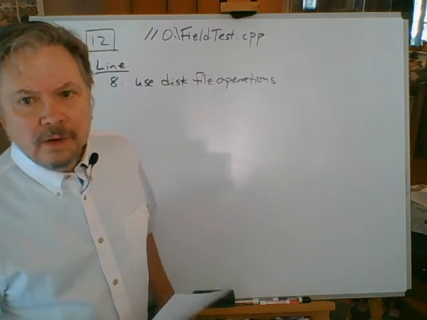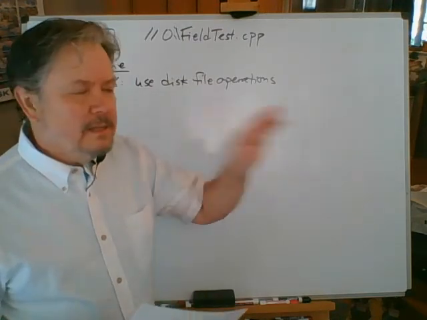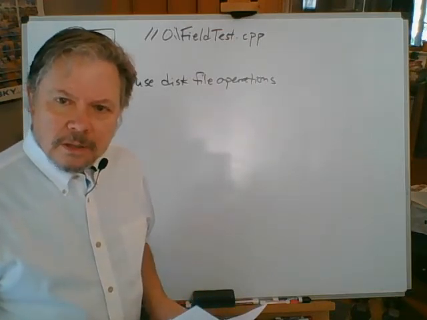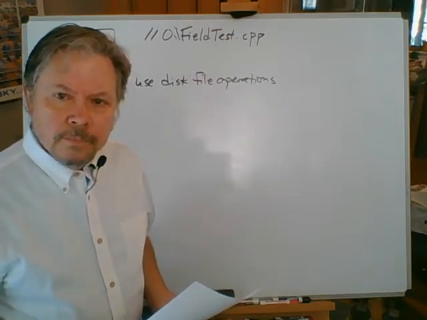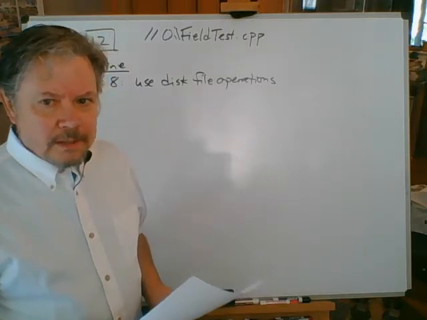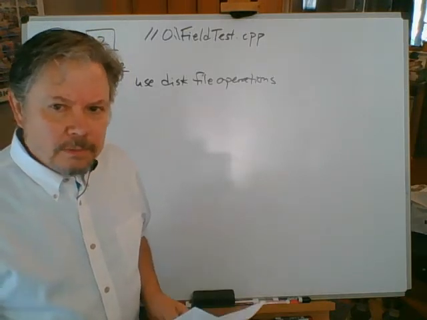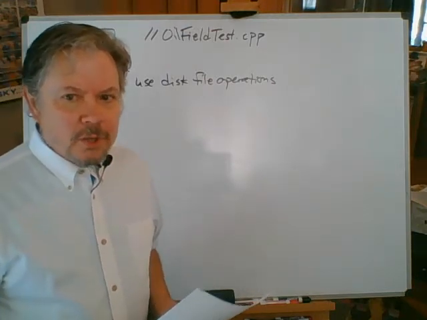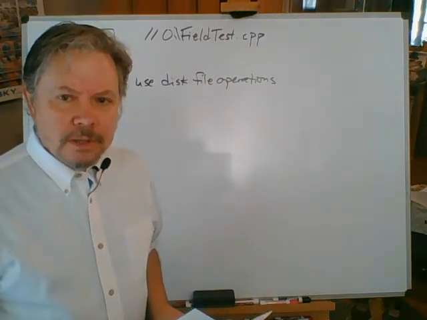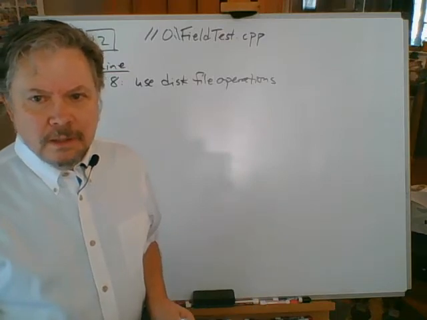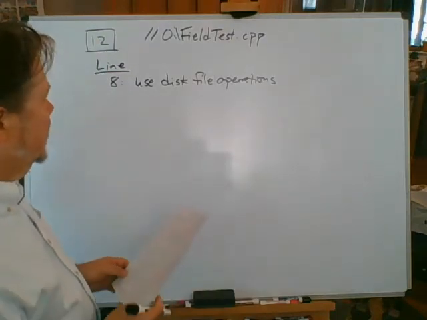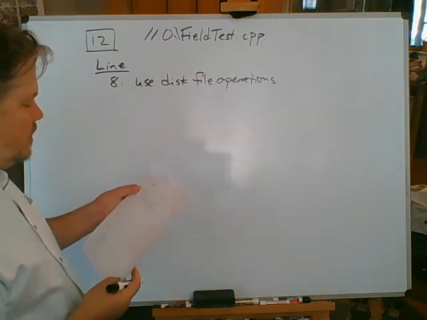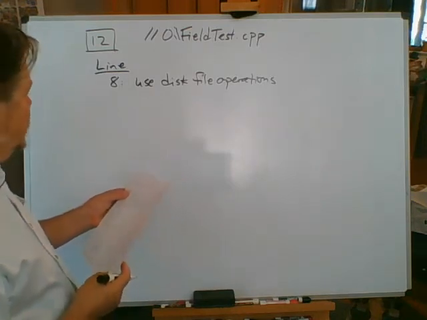Set up an output file variable and send things to that exactly the same way you would to cout. Oh, you know what? cin and cout, we've been using files all the time. Cin is a special case of an input file stream that's associated with a keyboard. Cout is a special case of an output file stream that's associated with the screen. So we really don't have to learn much new stuff except to remember to include fstream if we want to use disk operations. Got a lot of mileage out of one line, didn't I?